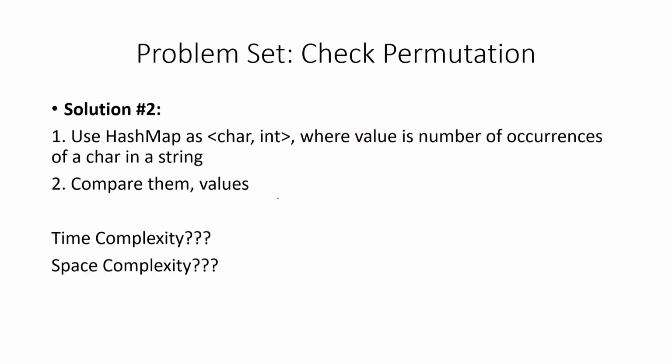And next, of course, the second way to solve this problem is to use a hash map, where the key is a character itself, and the value is the number of how many times we have met that element. So we go through each string, add each character, and count how many times we have that character in a string.